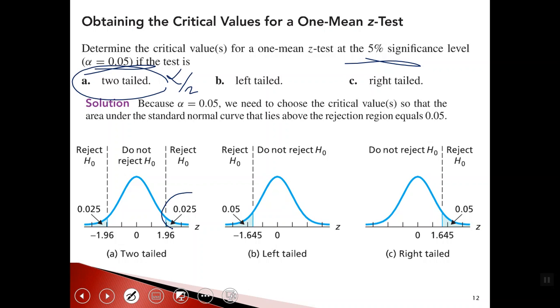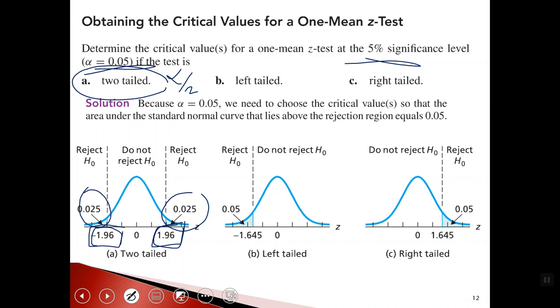This is my alpha over 2 value, and you have to find the critical value. Based on those values, 1.96 and negative 1.96 are the critical values. When you figure out one value, just flip the sign and you get the other value, because this curve is symmetric.